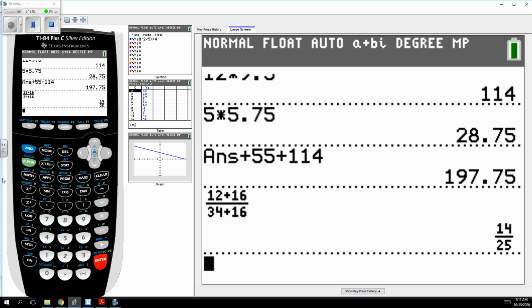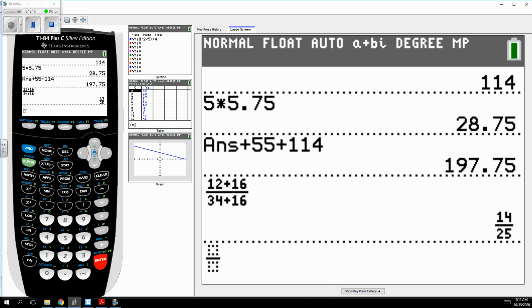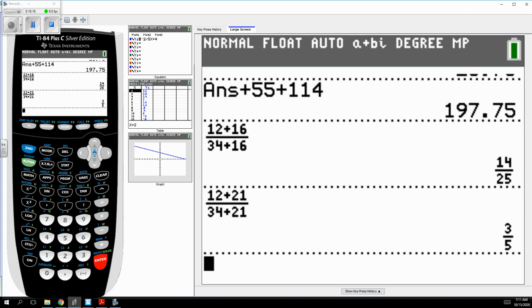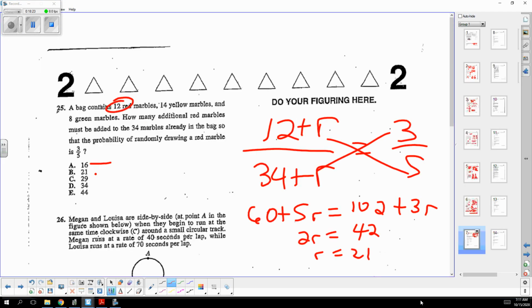Nope. But then when I try the right answer, which is 21, I'm adding 21 to the top and the bottom. Notice it gives me the winning answer, which is 3/5, which is what I want.